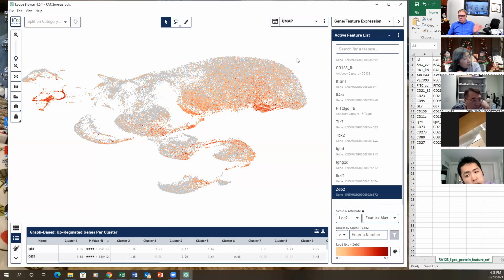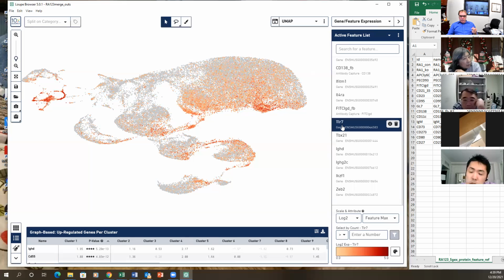Well, here's what I was thinking. TLR7 clearly marks the true DN2, which is over there, the little South Korea bleb. But it doesn't so much mark the other ones.